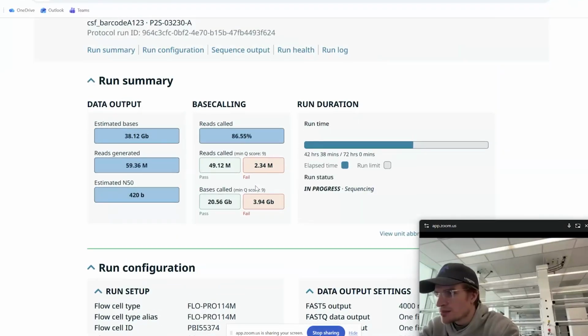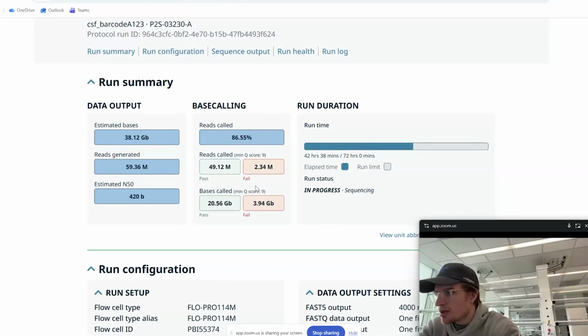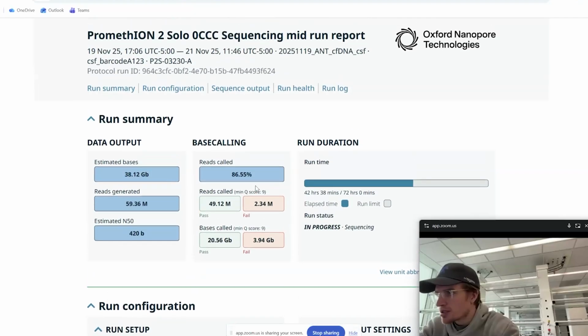All right, so one thing we were mentioning yesterday was with respect to the size of reads generated, noting that it was pretty low, which is understandable given the amount of sample we loaded, as I understand it.